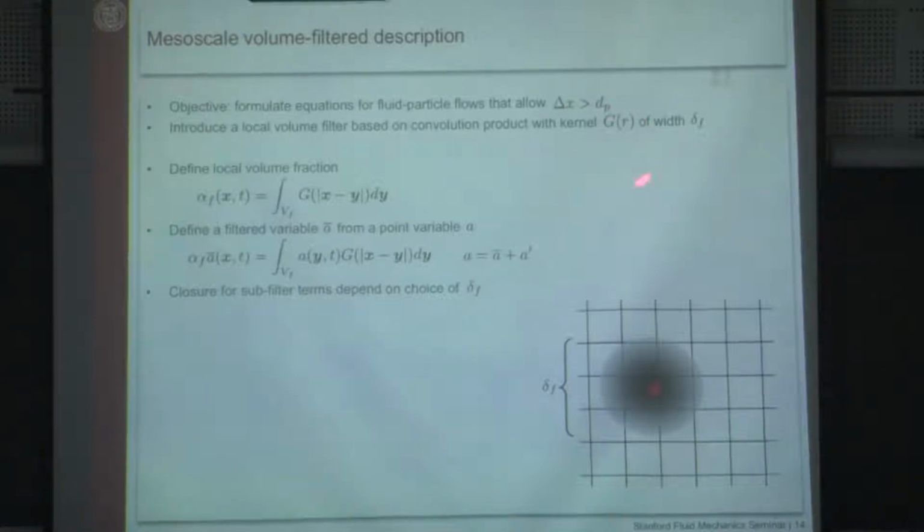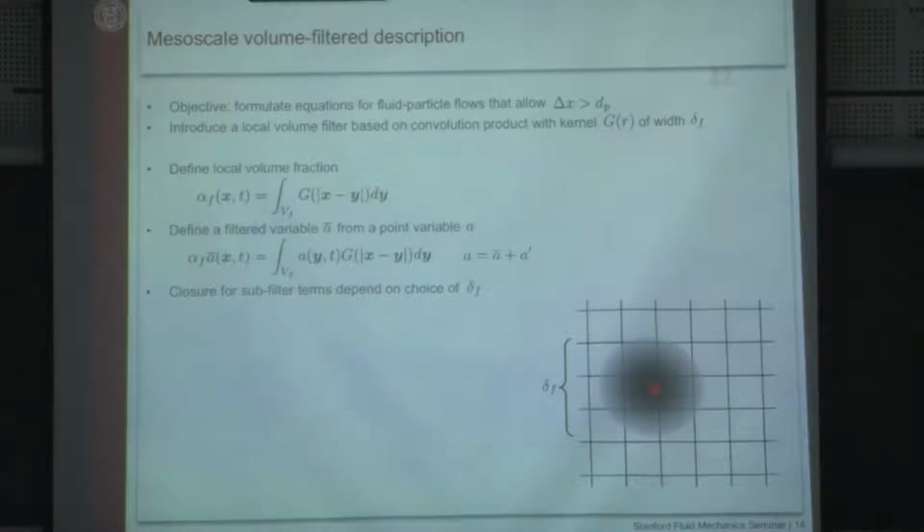We're going to do that by introducing our filter kernel G with a characteristic width delta F. So that's one way to think about it. We're going to take the particle scale information and spread it out to a surrounding region to make it resolvable on a coarser mesh. In the process, we have a definition for our local volume fraction, and we can define any filtered variable any way we want.